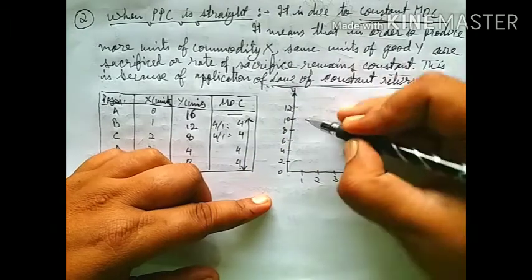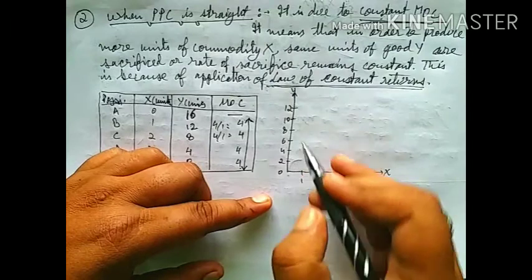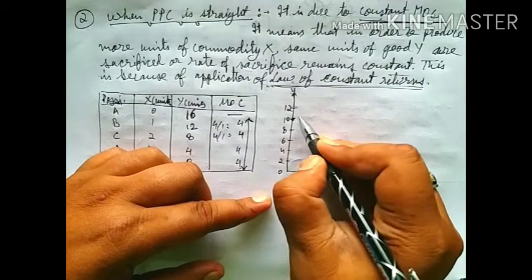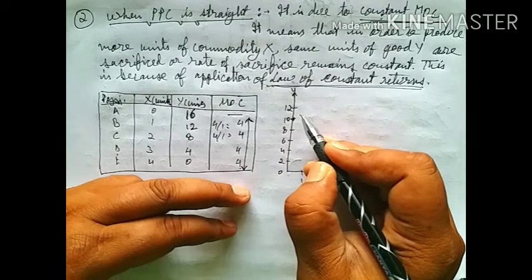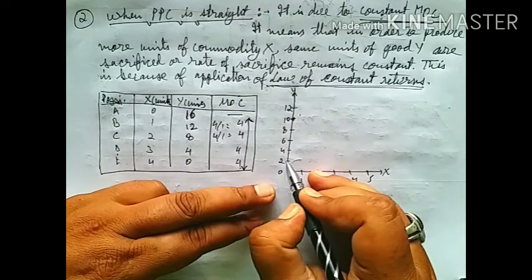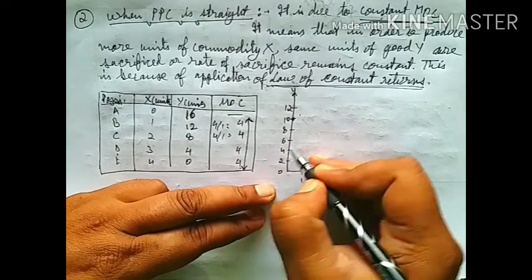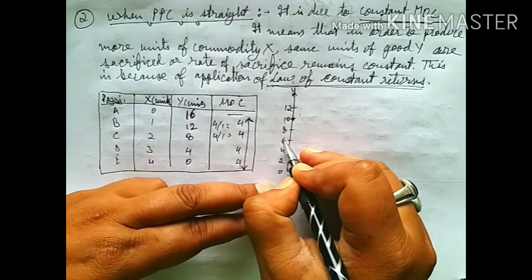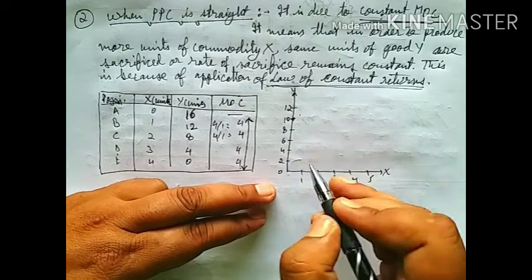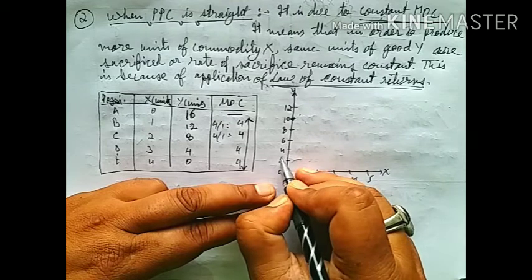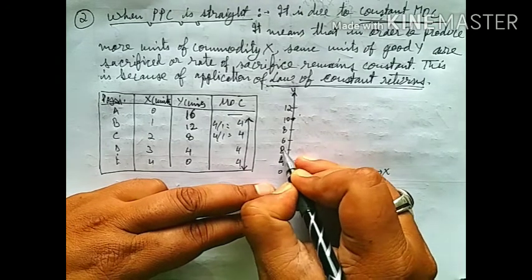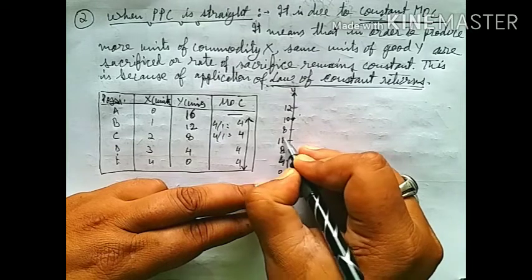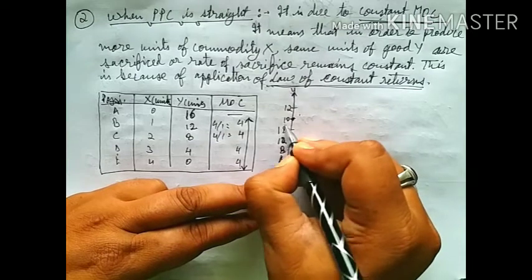When we join these, this is the A, sorry, 4, 8, 12 and 16. Here the values will be changed in this diagram: 4, 8 and then 12, 16.